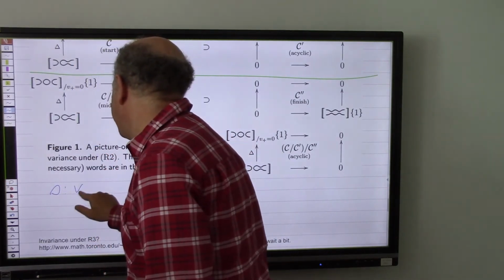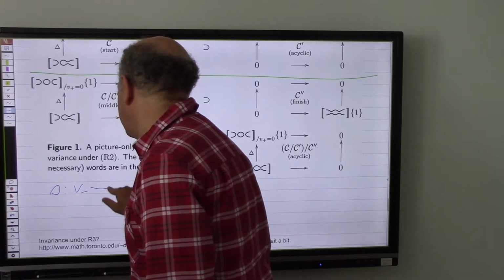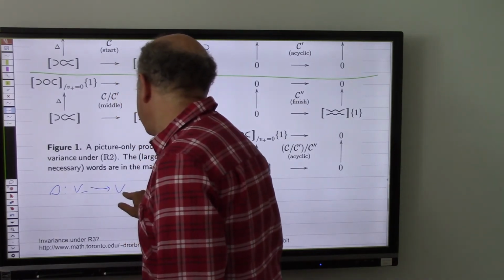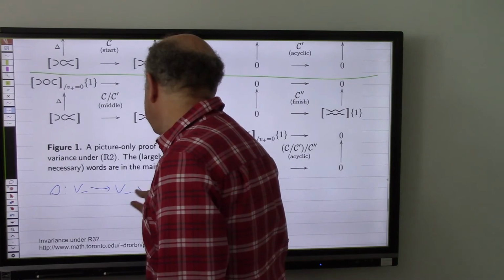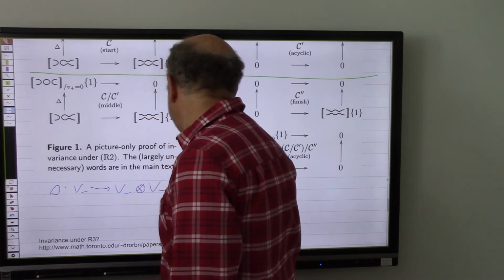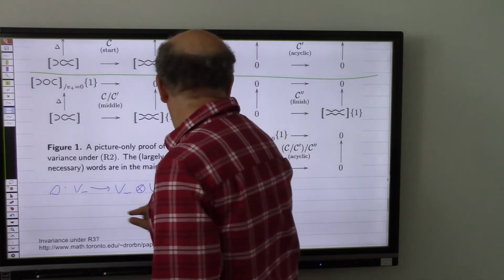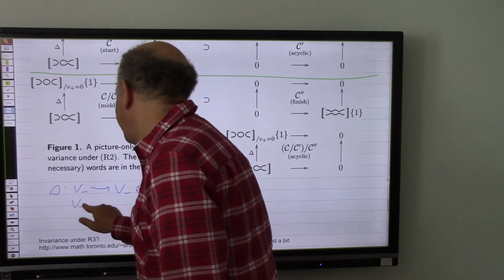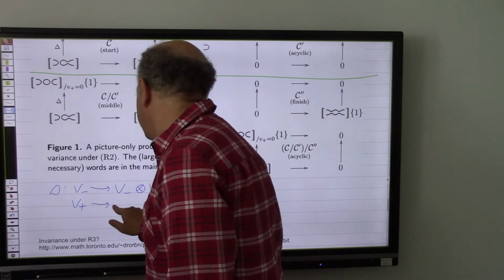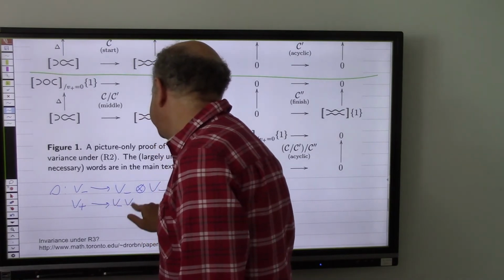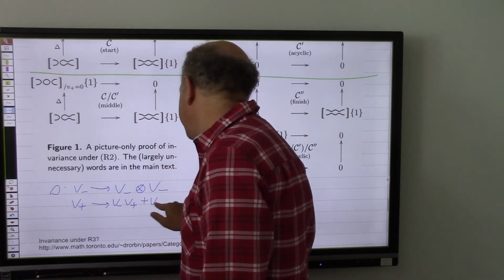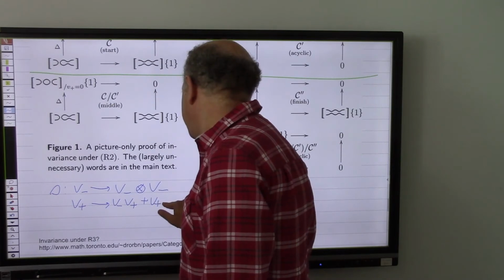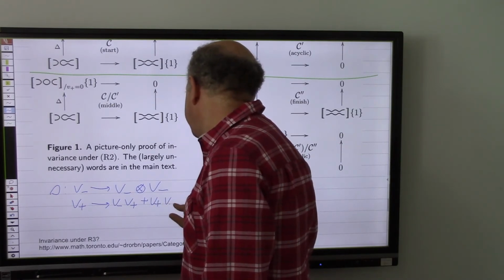It took V minus into V minus tensor V minus, and it took V plus into V minus tensor V plus plus V plus tensor V minus.